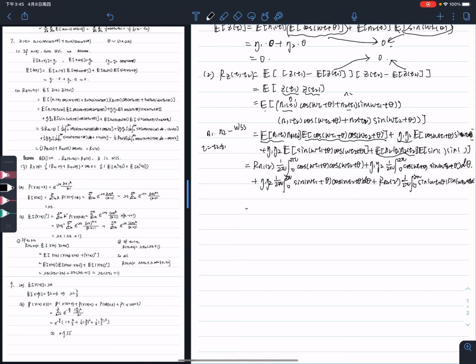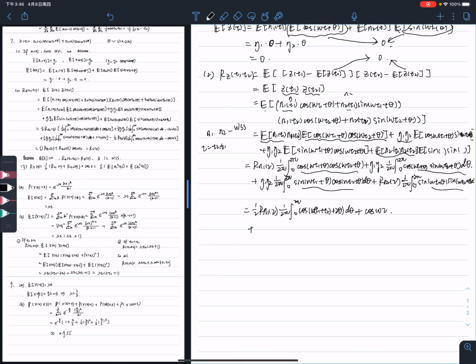Then we simplify this part. We get 1 over 2 R_N1(τ) times 1 over 2π, integral from 0 to 2π of cosine(ω(t1 + t2) + 2θ) dθ, plus cosine(ωτ), where τ is equal to t1 minus t2.